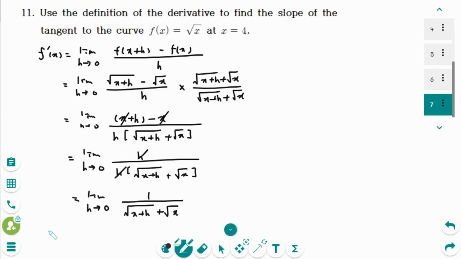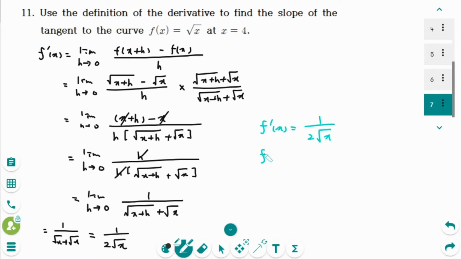Put 0 into h: 1 over square root of x plus square root of x, which is 1 over 2 square root of x. Now we have f prime x equals 1 over 2 square root of x.